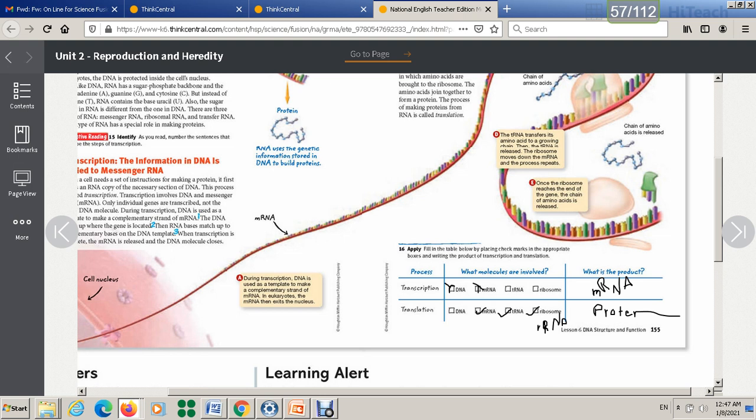And the tRNA, what is the function of it? It carries amino acid. You remember we said it has the amino acid and has the anticodon. Okay, so this is for the tRNA.